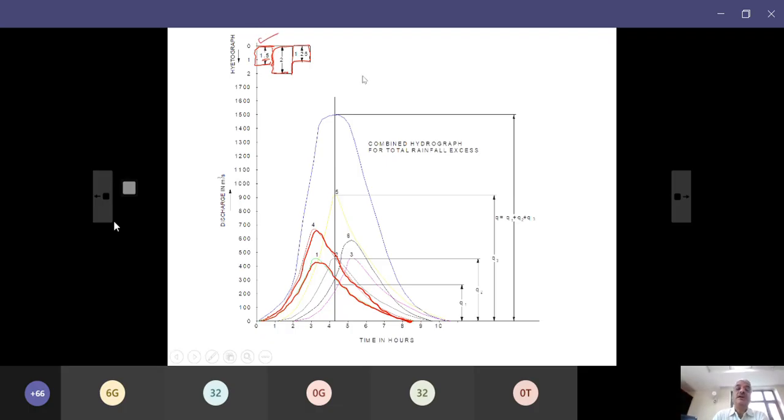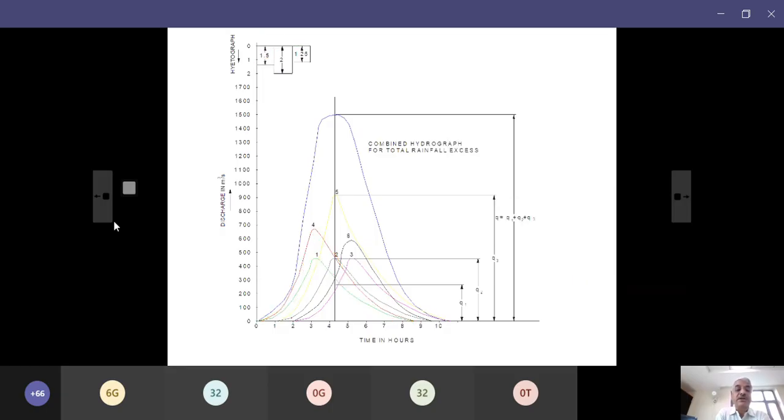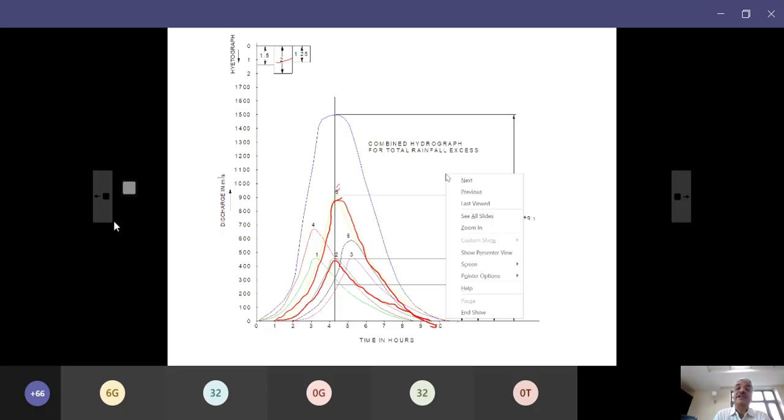Now, for the next 1 hour, the same one I will shift by 1 hour, starting from here, which is 2 now. And then it is 2 units. So I will multiply all these ordinates by 2. What you are seeing as 5 here, this 5, will be my response of my catchment for this 2 centimeter rainfall.